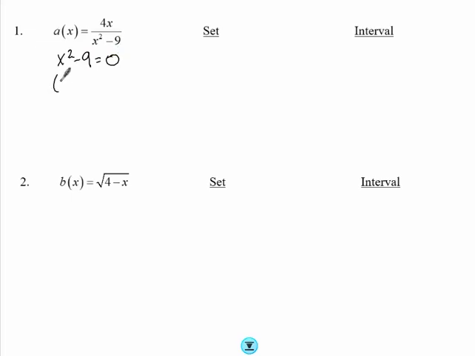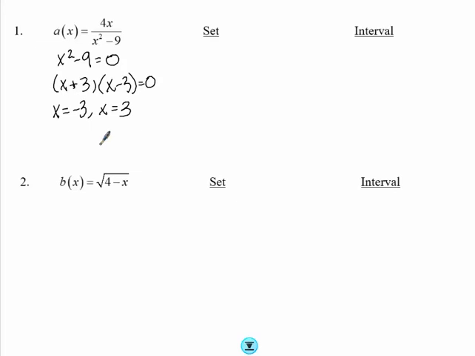For this one, I'm going to factor because this is the difference of perfect squares. And then solve. So this means if I plug in either -3 or +3, I will end up dividing by 0. So these values for x cannot be a part of our domain.